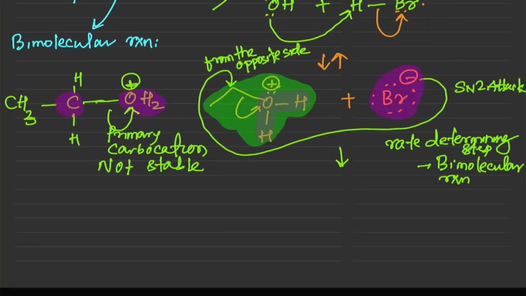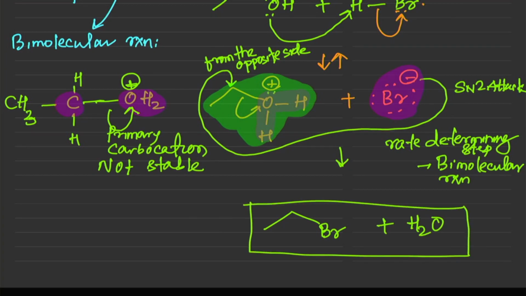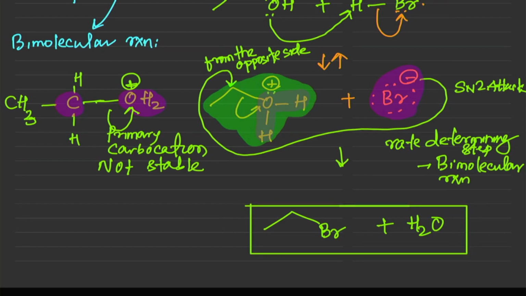So if the leaving group is pointing up, then the attack will happen from the opposite, which would be down. So our product would now be the alkyl bromide, Br, plus water. It's basically replacing OH with Br, but it is doing so through an SN2 reaction.